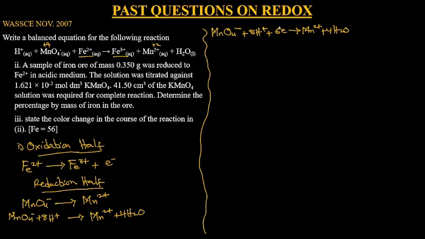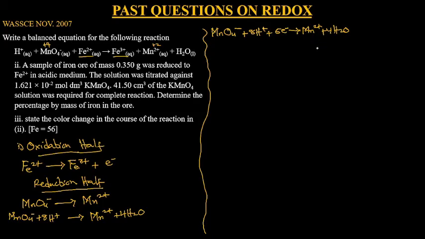Okay, so if you calculate the charge on the left, you realize we have 8 minus 1, which will give us +7, minus 5, which will give us +2, which is the same as what we have on the right side. So the reduction half is balanced.